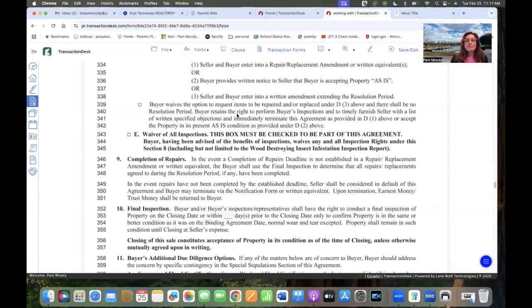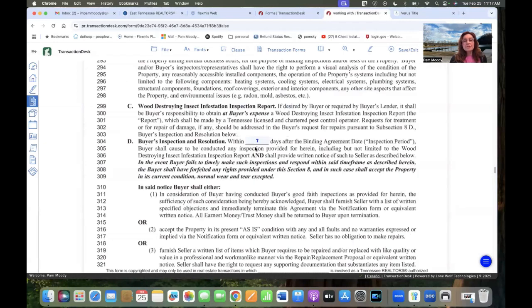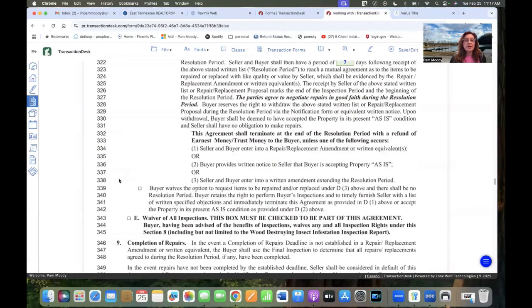You can also waive the option to request items to be repaired or replaced. Again, this would only be if you're going to inspect it, you can still inspect it. If they're saying that they're not going to, it's an as-is sale. Buyer waives the option to request items to be repaired or replaced above, and there shall be no resolution period.